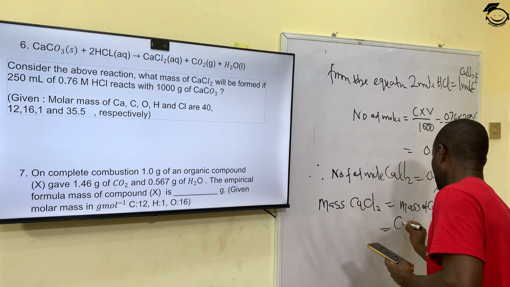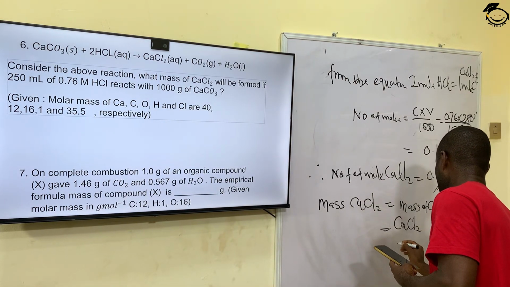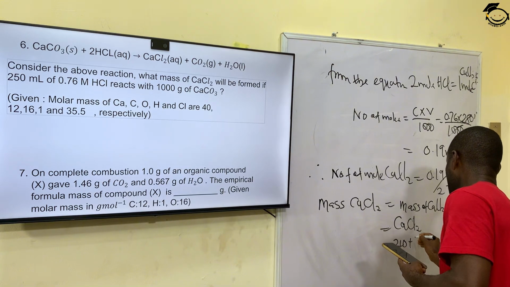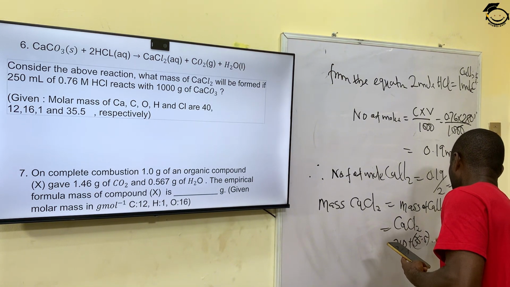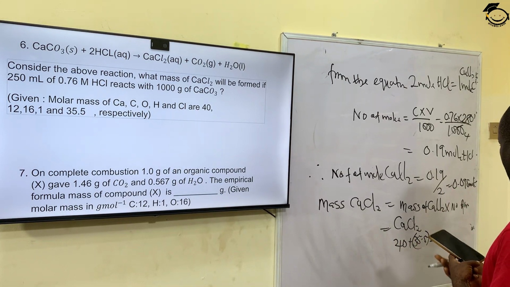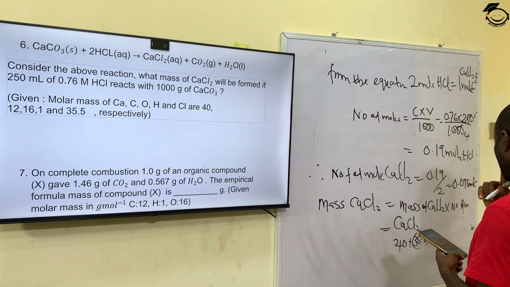We have calcium chloride, which gives us 40 plus 35.5 times 2. Somebody can help us with that. That is 70 plus 40.